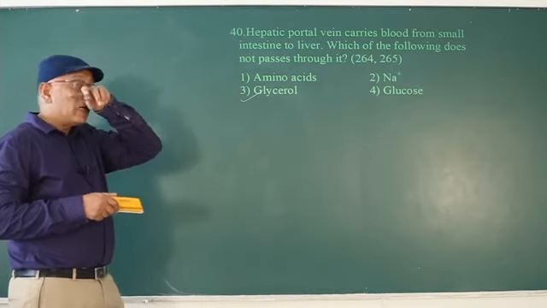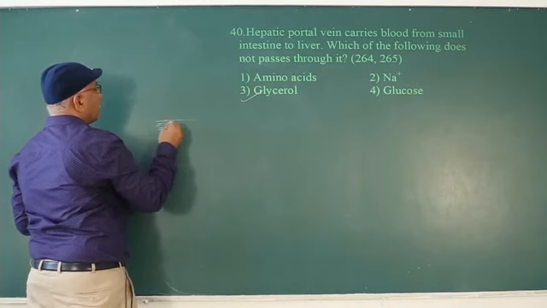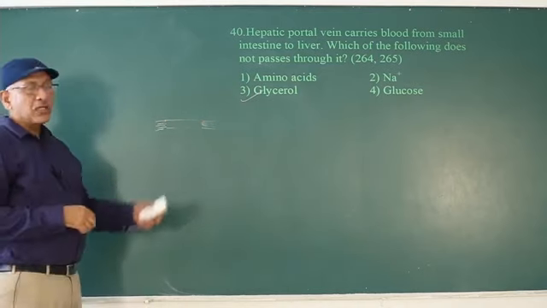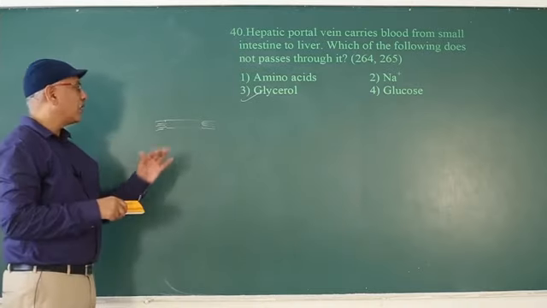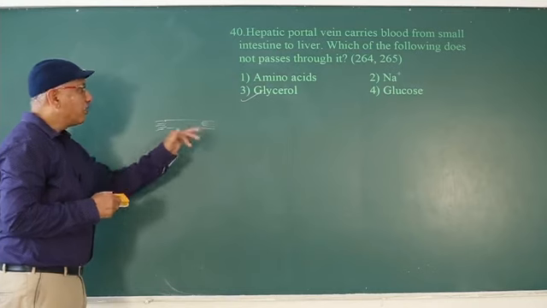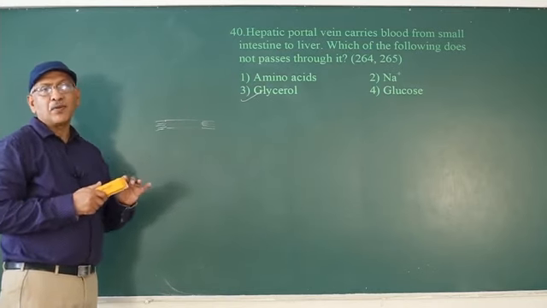What is a portal vein? The blood vessel that begins with blood capillaries in one organ and ends with blood capillaries in another organ is known as a portal vein. Nomenclature of the portal vein depends upon the organ in which it breaks into capillaries.